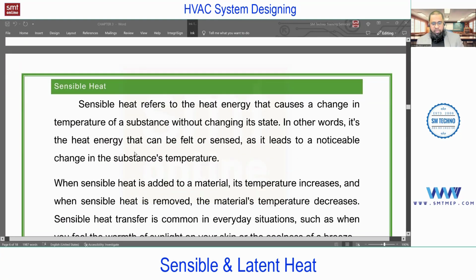Next, this is also very basic and important: sensible and latent heat. First of all, I'll give you the idea of why this is important, so that you can get interested and we can try to understand this type of heat. Why are sensible and latent heat important? Remember, at the time of load calculation, we deal with different sources of heat gain in summer and heat loss in winter.